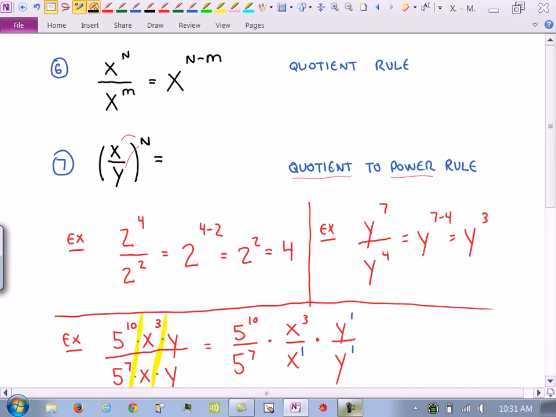So it becomes x to the n over y to the n. So each one of the factors in the numerator and denominator, each one gets raised to that power. And you're ready to roll.